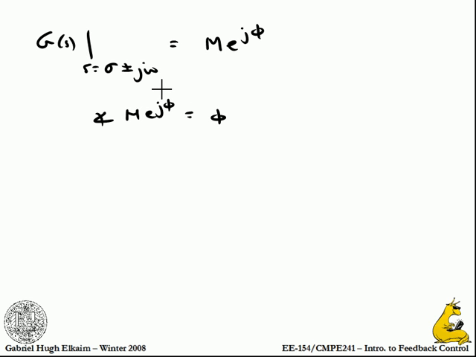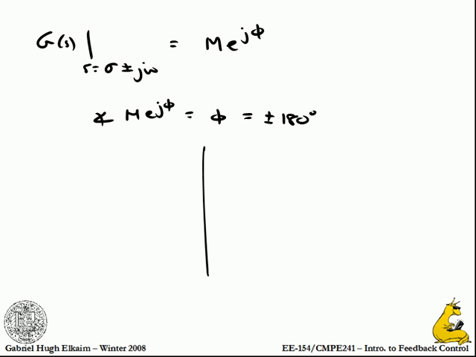I've got g of s evaluated at s equals sigma plus or minus j omega, and what I get out of that is some magnitude and some phase. So I'm looking for the s's that make this whole thing have a phase of 180. Essentially, the angle of m e to the j phi is simply equal to phi, and I want to find where that equals plus or minus 180 degrees.